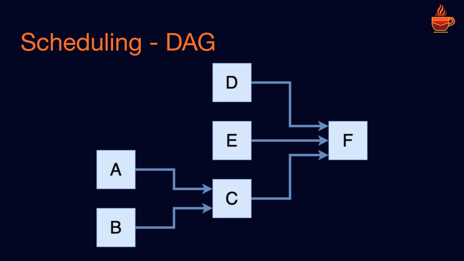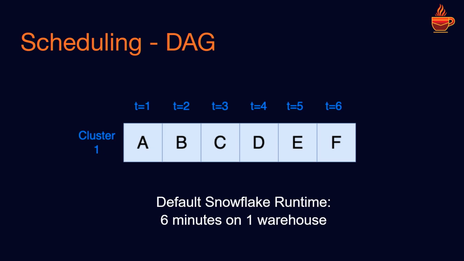For simplicity, you can just assume that every single query takes 1 minute. If you just ran this on Snowflake, here's basically what you would get. Again, there's some simplification. Snowflake has some parallelism built in. But effectively, it's going to shove everything onto the same cluster. And it is going to take 6 minutes to run this on the single cluster or the single warehouse.